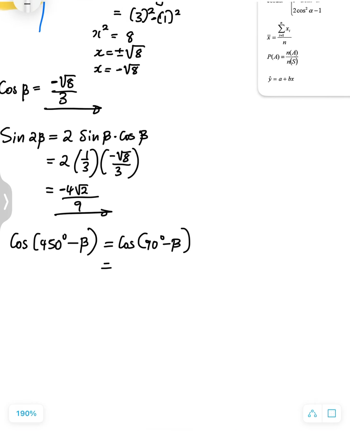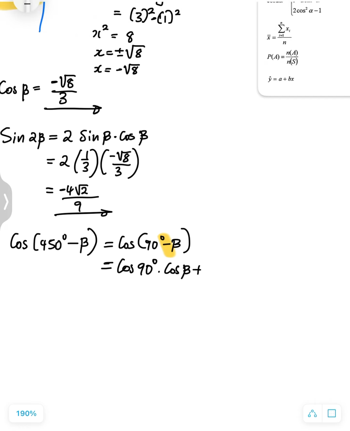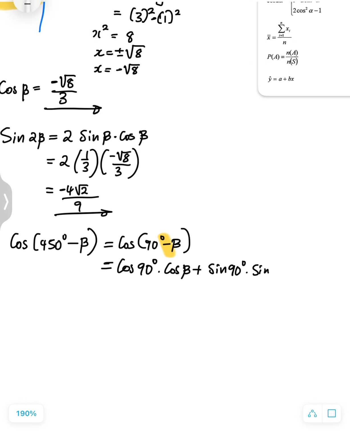So this will be cos 90 degrees multiplied by cos beta, minus, but because there is a minus between those two angles, we have to put plus, so it changes to plus sine of 90 degrees multiplied by sine of beta.